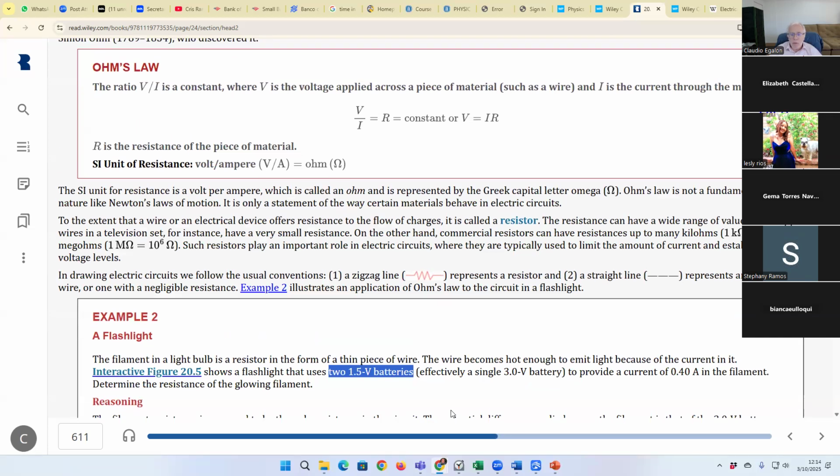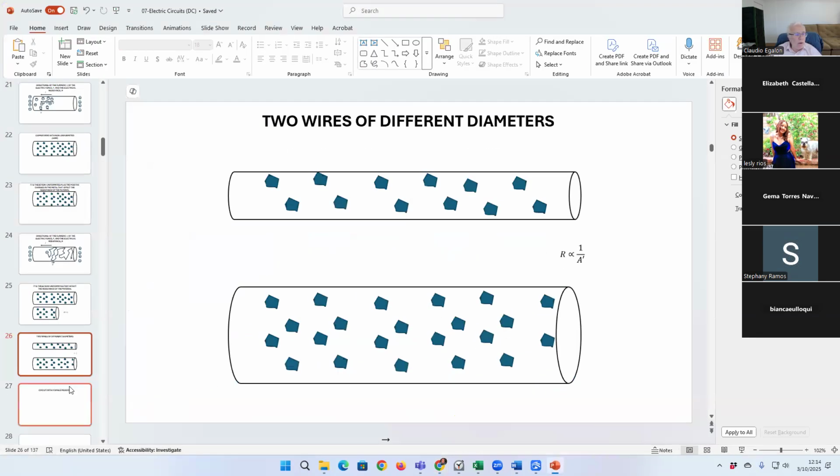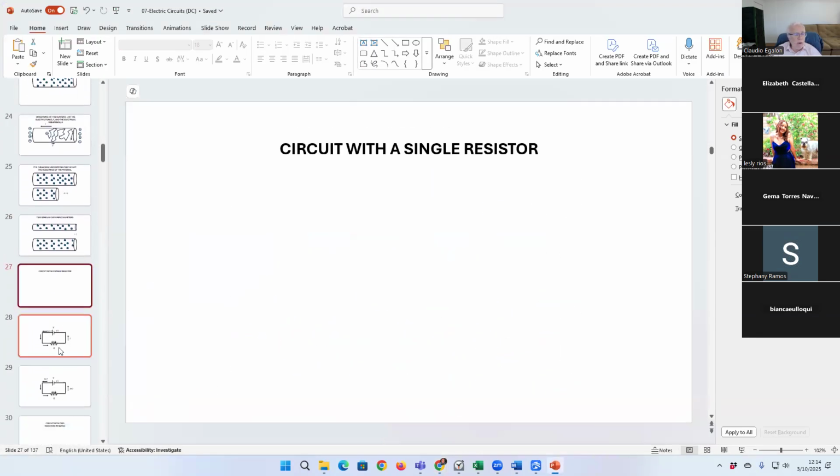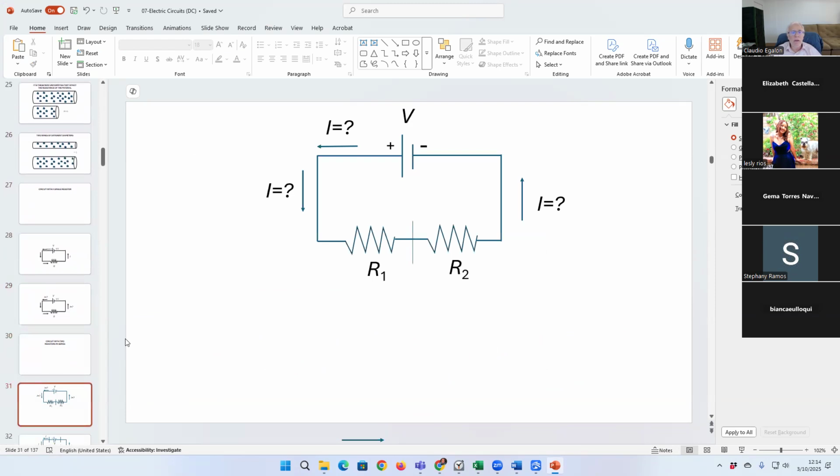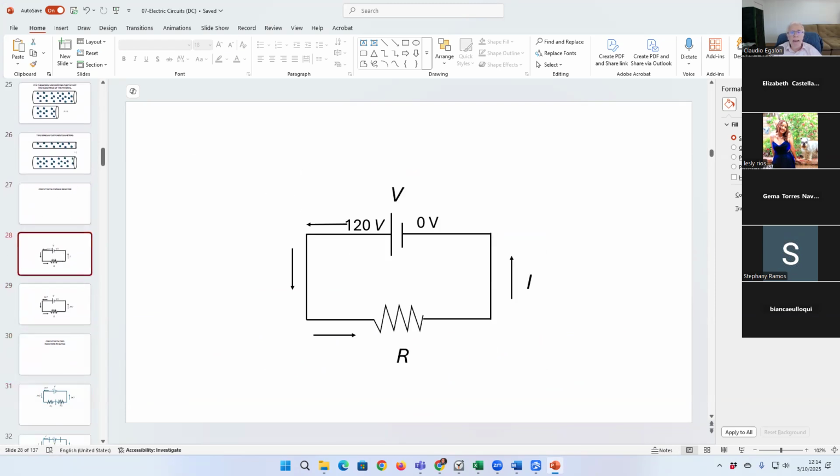So this type of configuration is displayed like this. Here it can be 3 volts. Here's the circuit diagram of your flashlight.